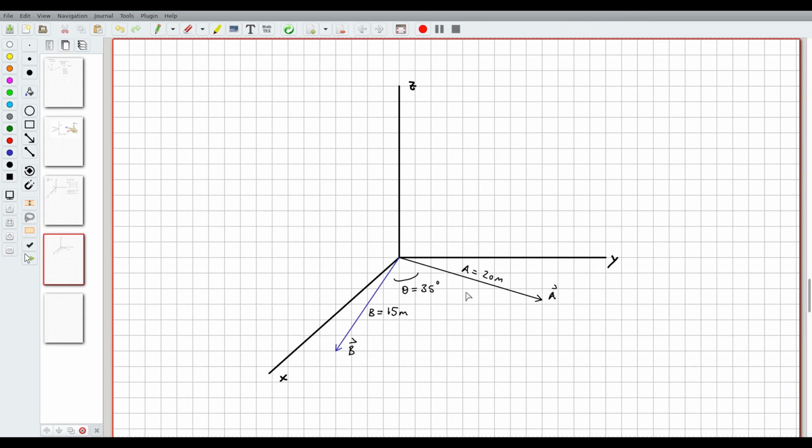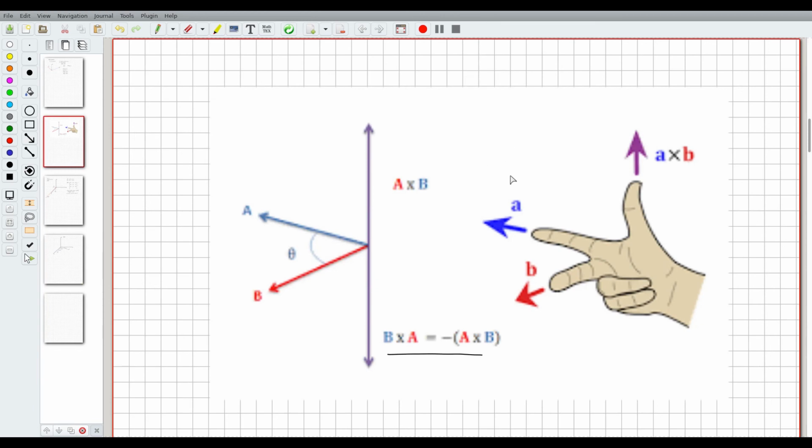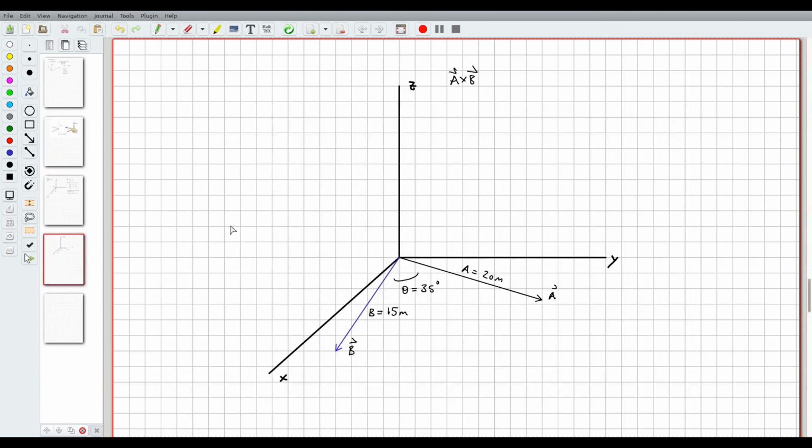Before we do anything, let's see if we can figure out the direction. We would like to calculate A cross B. Using the right-hand rule, put your pointer finger in the direction of A and your middle finger in the direction of B. Your thumb will tell you the direction of A cross B. If you do that, you end up with a vector that points straight down, in this case, the z-axis.